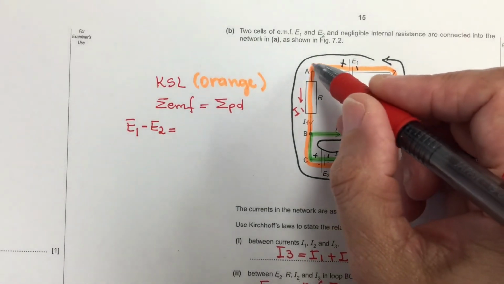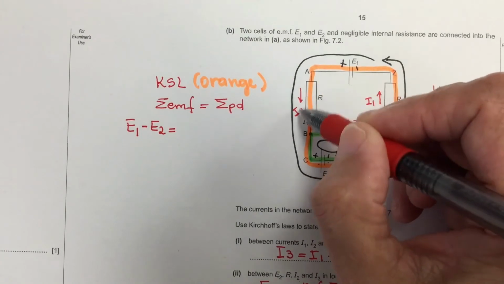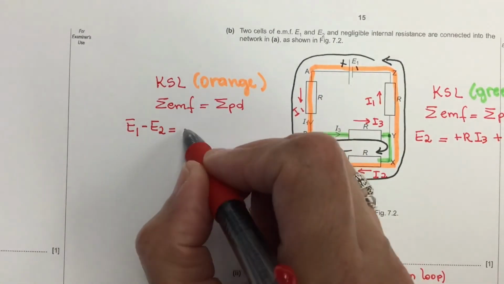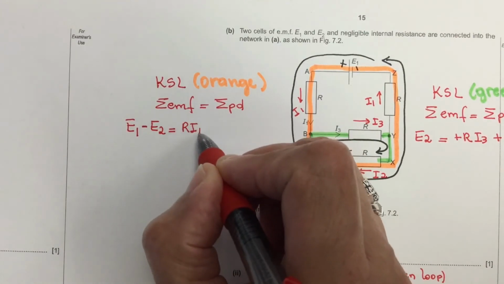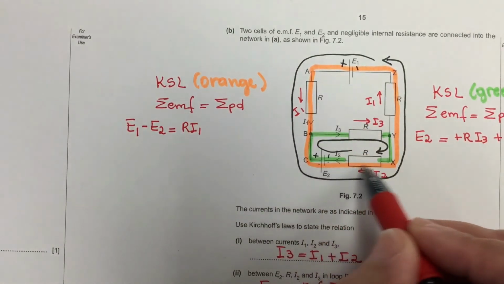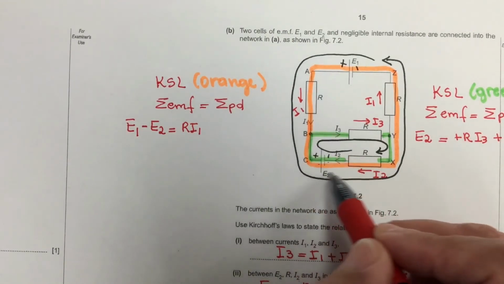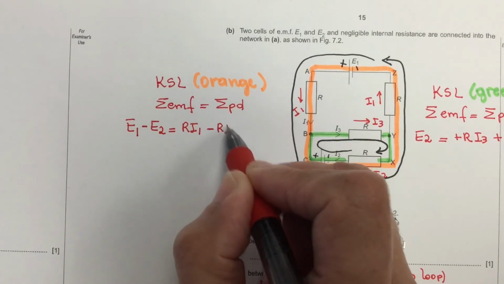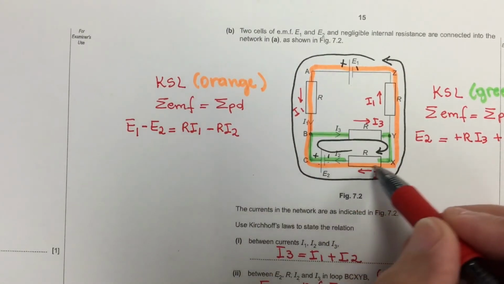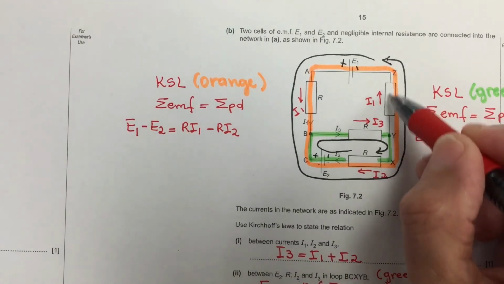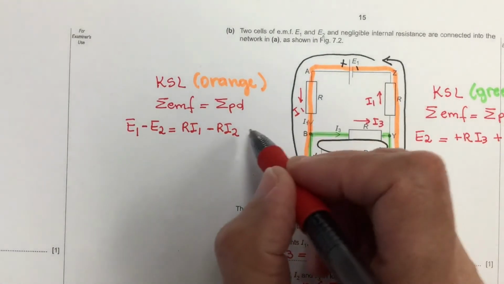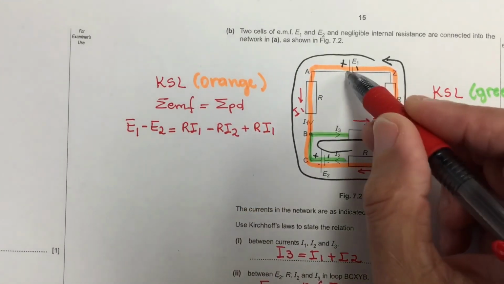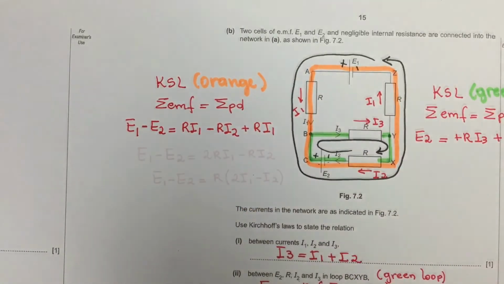My path is down here, the same direction as the current, so that will be positive R I1. The next one is opposite to the direction of my path, so negative R I2. And my last one is in the same direction as my path, so plus R I1 one more time. And I close the loop right here.